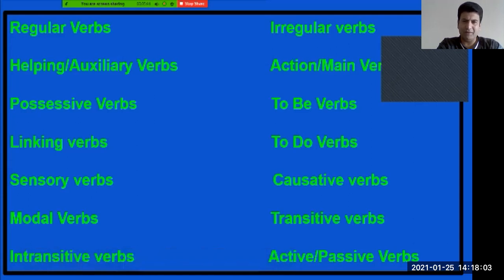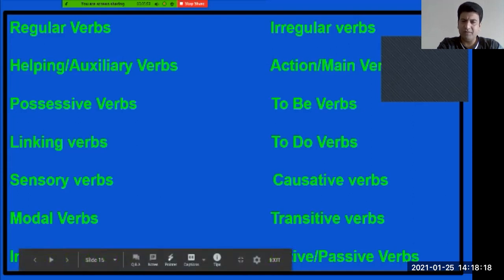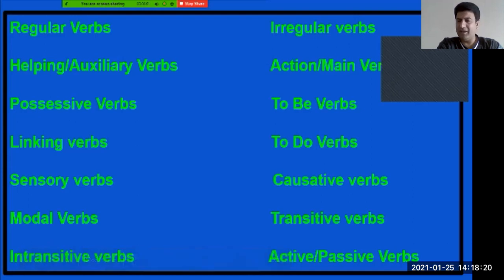So that's why they are the same. And then there is action verb or main verb, and we have got possessive verbs, to be verbs, linking verbs, to do verbs, sensory verbs, causative verbs, modal verbs, transitive verbs, intransitive verbs, and finally active or passive verbs.